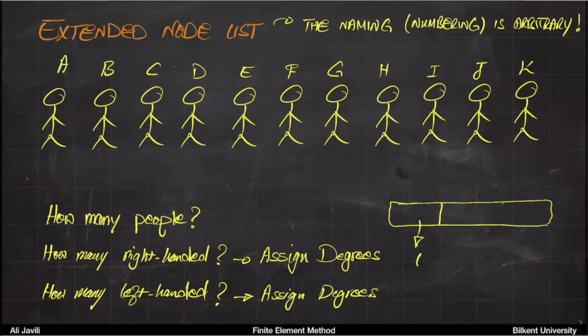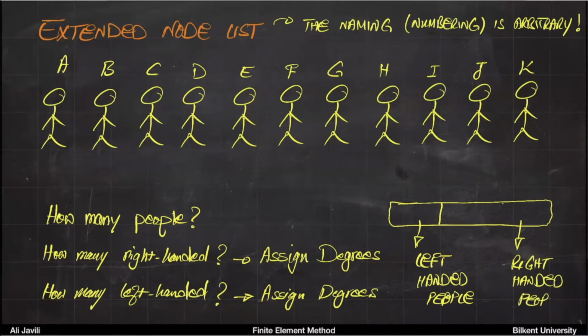All the left-handed people we want on the left-hand side, and all the right-handed people we want on the right-hand side. Does that make sense?